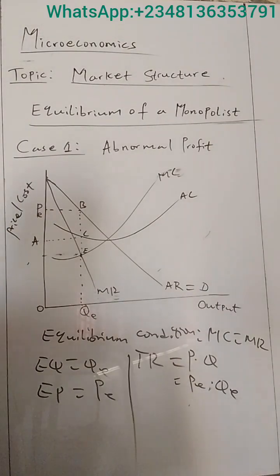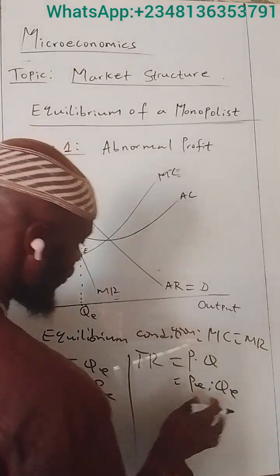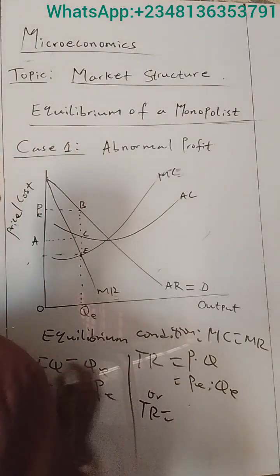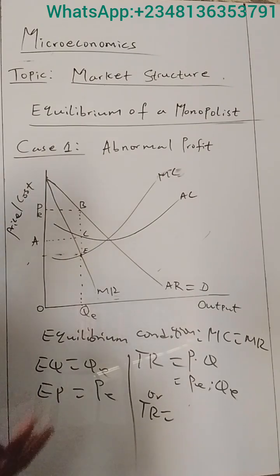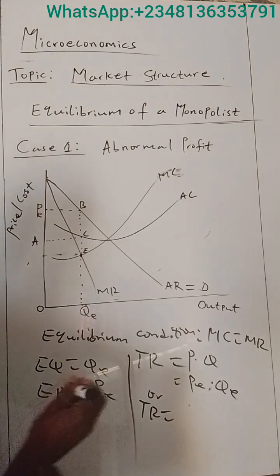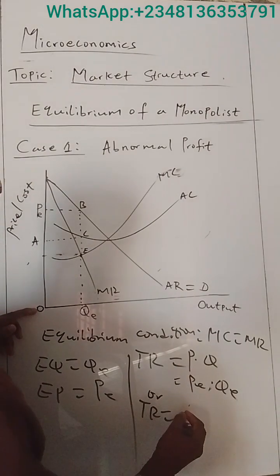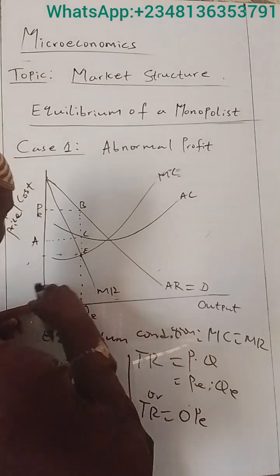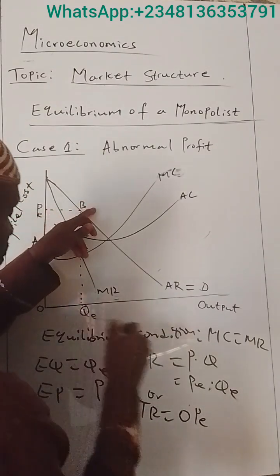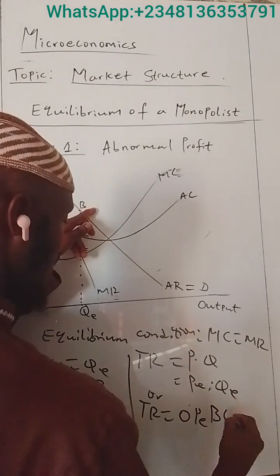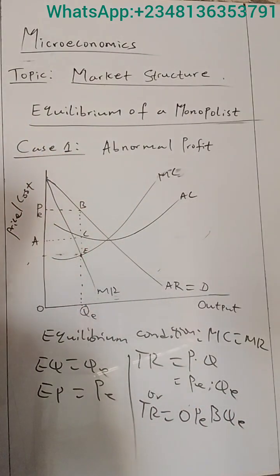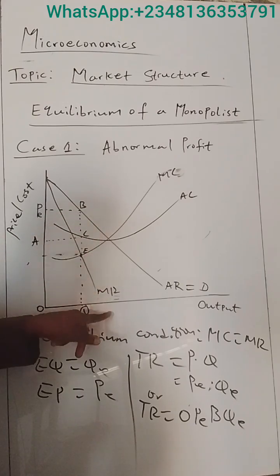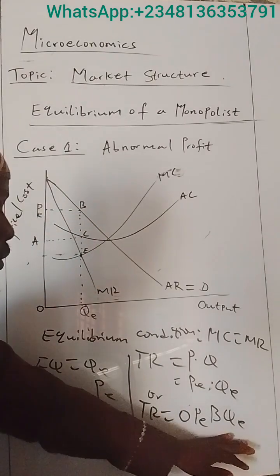Alternatively, starting from the origin, the rectangular area OPEBQE represents the total revenue.